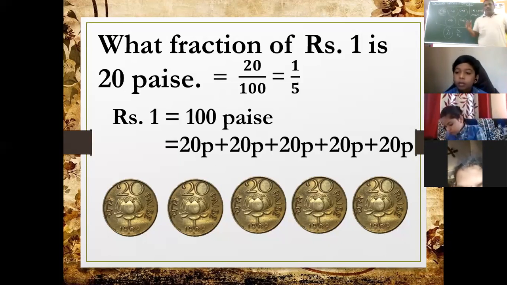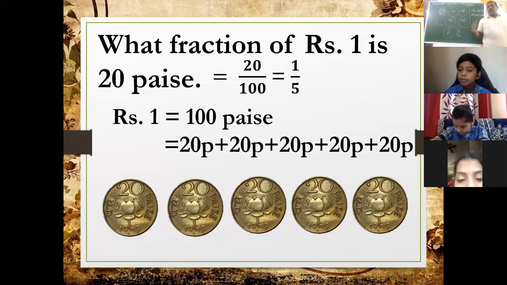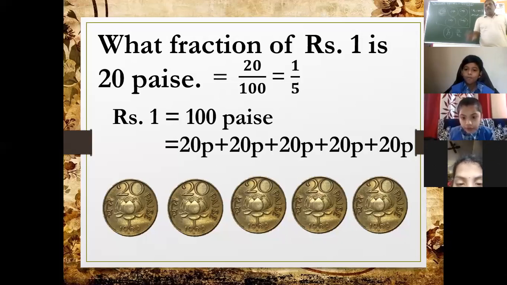Have you ever seen a 20 paise coin? Nowadays it is not available. You might have seen a maximum of 50 paise or 1 rupee coin. In the olden days, we used to have 5 paise, 10 paise, 20 paise, and 25 paise coins, which is called charana, so 4 annas.